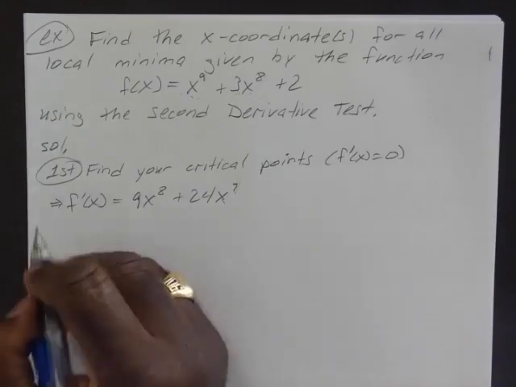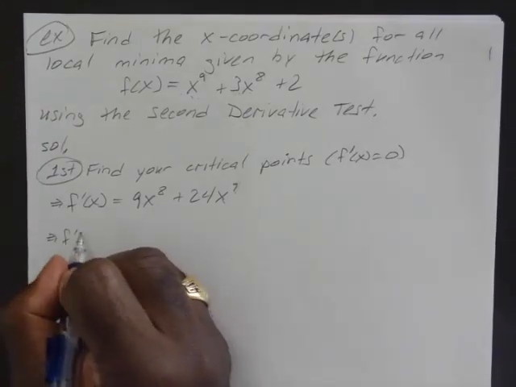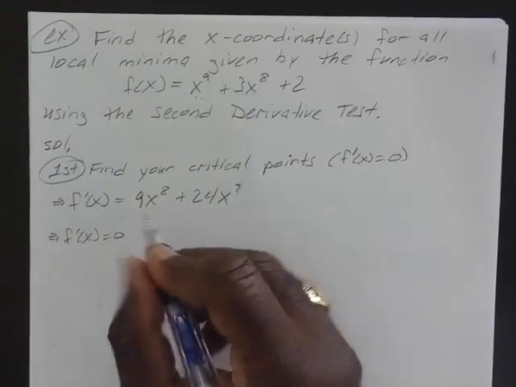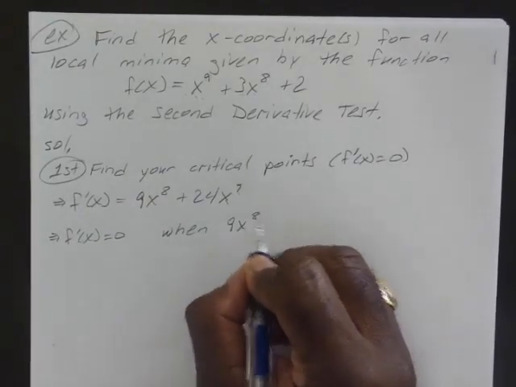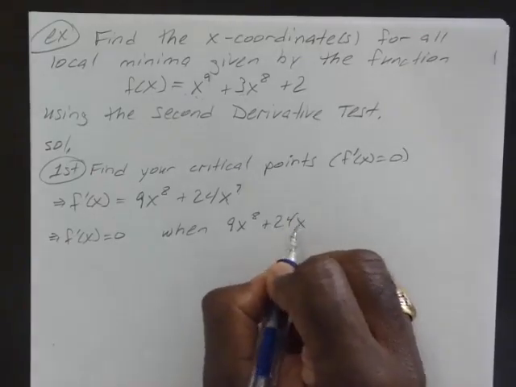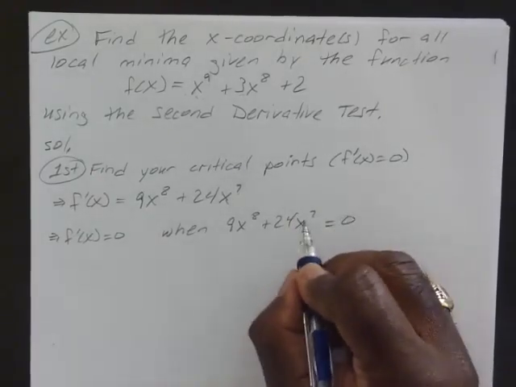Okay, so we know that the first derivative equals 0 when 9x to the 8th power plus 24x to the 7th power equals 0.